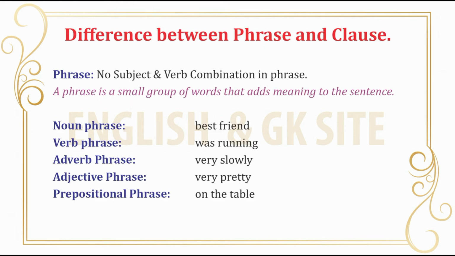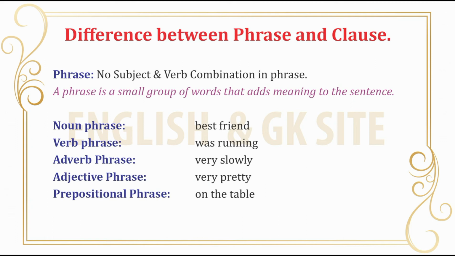What is the difference between a phrase and a clause? A phrase is void of a subject and verb combination. There is no subject and verb combination in a phrase, while a clause is made up of a subject and verb combination. A phrase is a small group of words that adds meaning to the sentence.